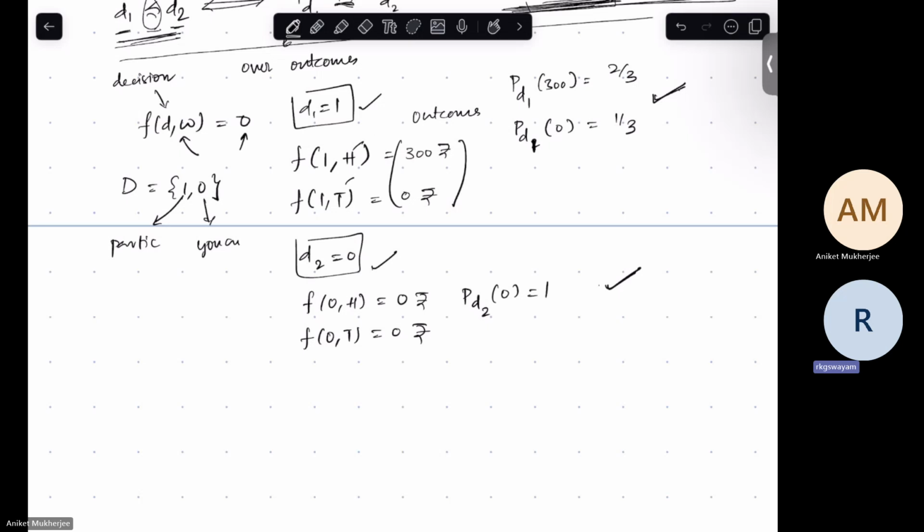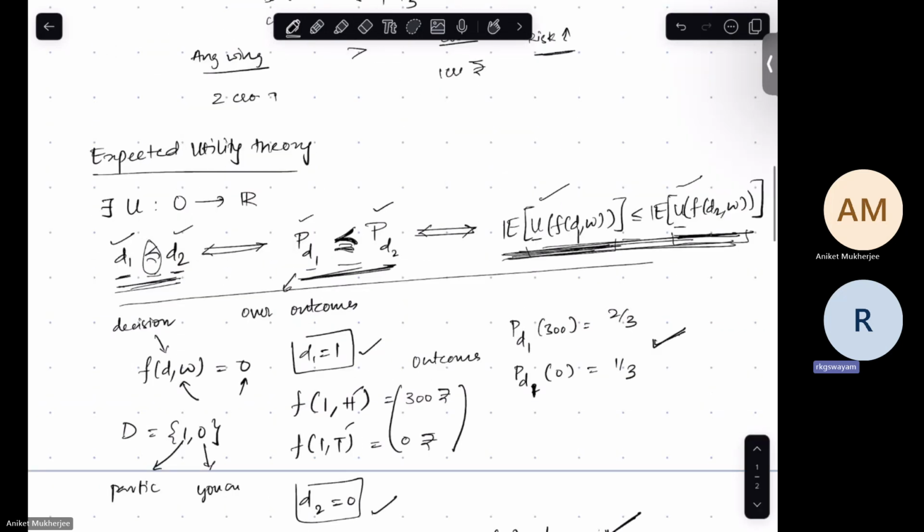So do we have only two decisions, say D1 or D2, or a sequence of decisions, and similarly a sequence of the parameters W? So this is not only for two decisions. You could have a continuum of decisions, infinitely many decisions.